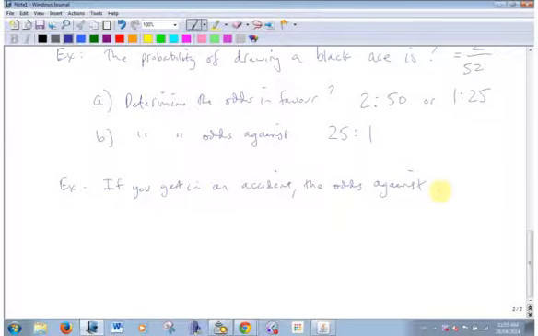If you get in an accident, the odds against colliding with a silver car, which is the second most popular color, it used to be the most popular.